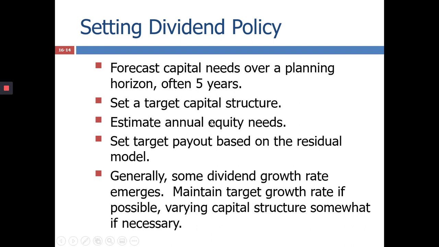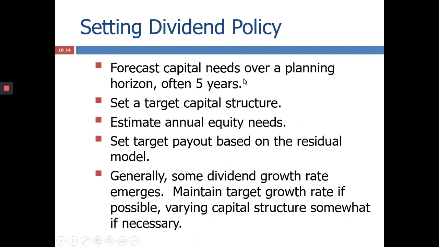Then you estimate annual equity needs, how much equity you need to fund your capital structure, and you set the target payout based on the residual model. So generally some dividend growth rate emerges, and try to maintain the target growth if possible, varying the capital structure somewhat if necessary. If not, you don't do that.